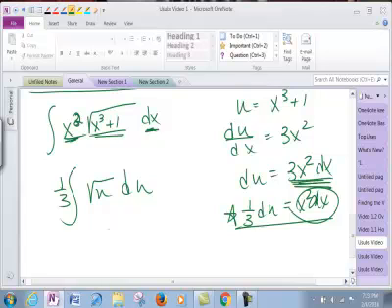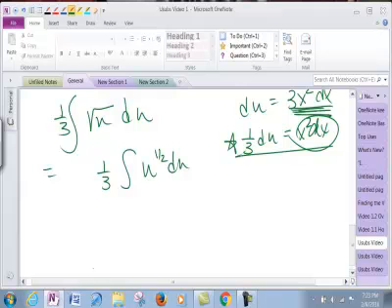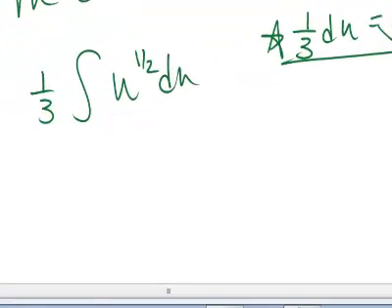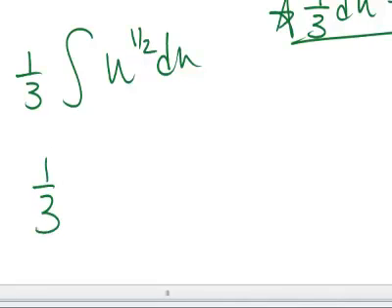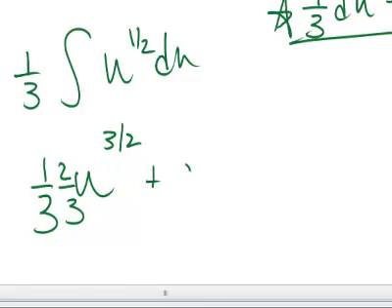Alright, great. So I'm going to rewrite this because taking the integral of the square root is tricky. So I want to think of the square root as u to the 1/2 power. Remember, when we've gone from this step to this step, we have not actually integrated yet. So here's the power rule. We raise the 1/2 power to the 3/2, and then dividing by 3/2 is the same as multiplying by 2/3, right?